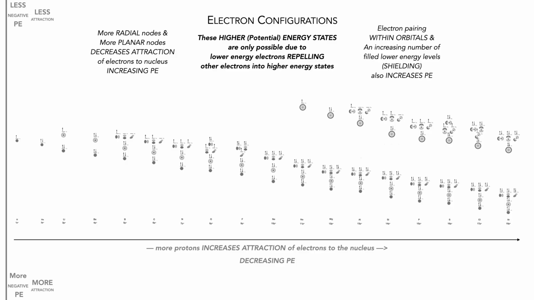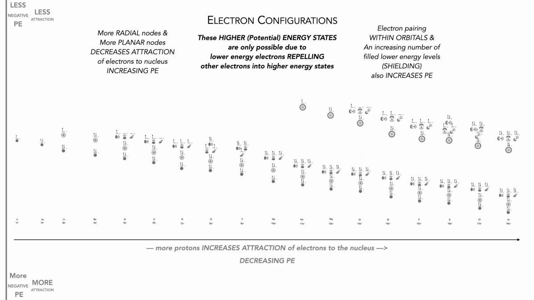So we can see that dynamic as we go across the periodic table, and this is directly associated with periodic trends that you learned. All of the periodic trends are really associated with this. The only trend that would decrease the potential energy of the electron is that greater attraction to the nucleus due to greater nuclear charge, i.e. more protons.